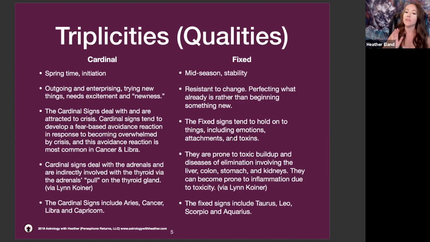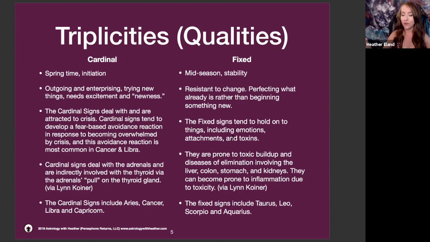And so these fixed signs tend to hold on to the way things are. They like it when things are moving along really smoothly, where there's not a lot of change, there's not a lot of transition. They can be very resistant to change, and each of these fixed signs is resistant to change in a different way. You always, of course, have to consider the other aspects of the sign that we just talked about.